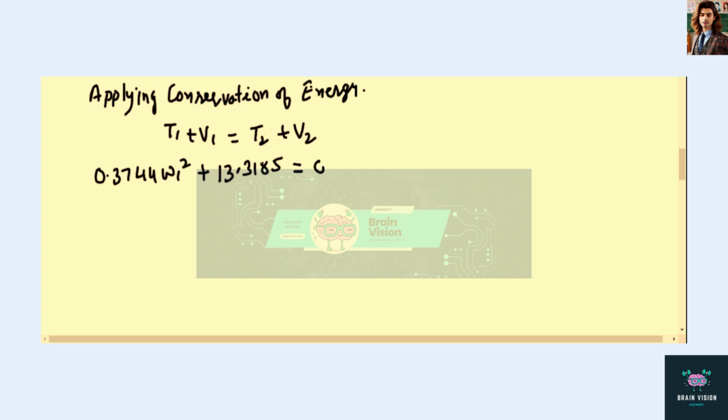Kinetic energy in second position 0.2976 omega 2 square plus potential energy in second position. Omega 1 is given 2 pi, substituting and finding omega 2.